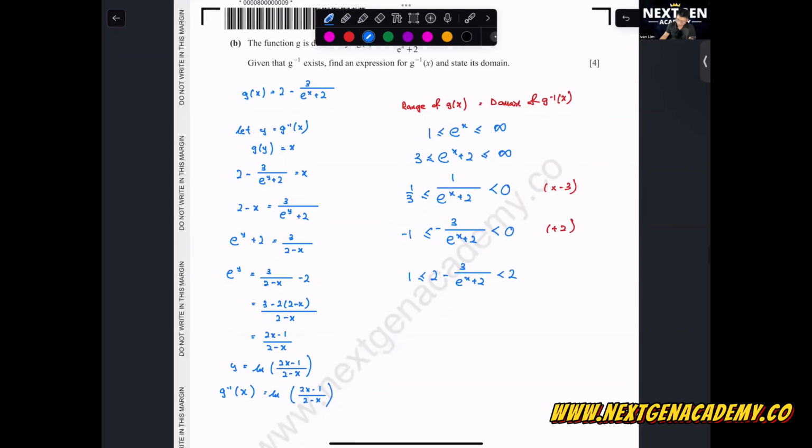So this is the range of g(x). Got it? Range of g(x) will be equal to the domain of g inverse x. So can I just rewrite this and say that it is like that?